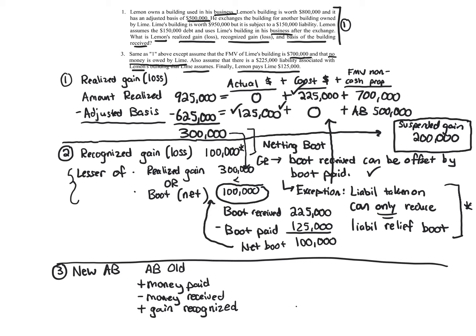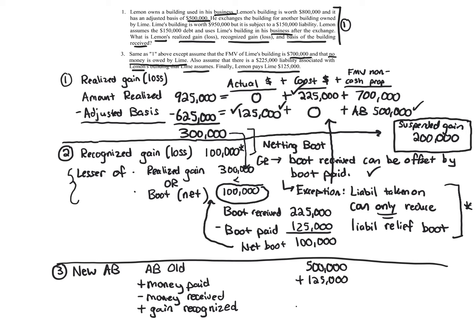Keep that in mind. Okay, so now we move on to step 3, determining the new basis. So we've got the adjusted basis in the old, we can use the number right here, $500,000. Plus money paid. So we look at our table from the realized gain or loss calculation. We've got actual money paid of $125,000. So look at the lower row, the adjusted basis row, that's where you'll find these items.